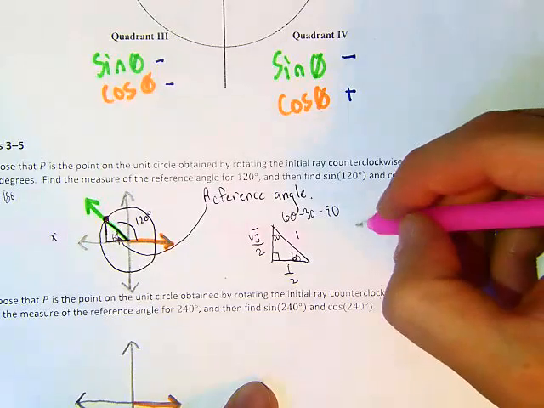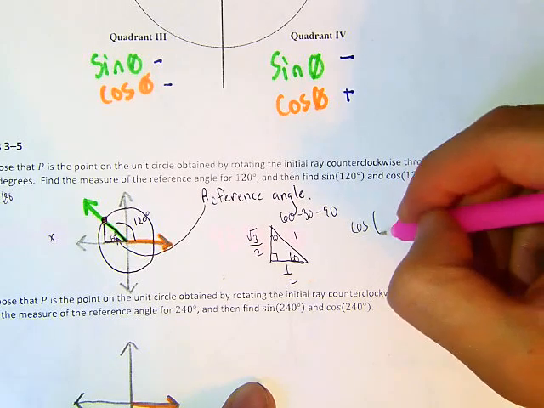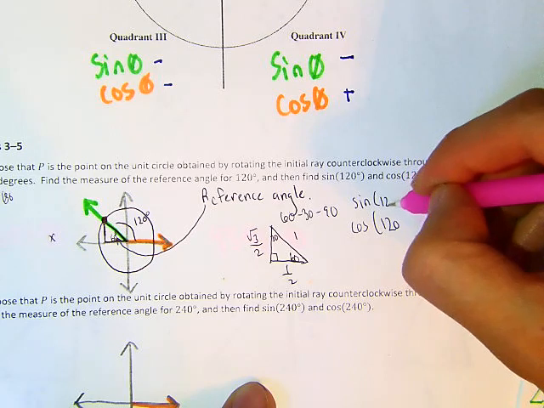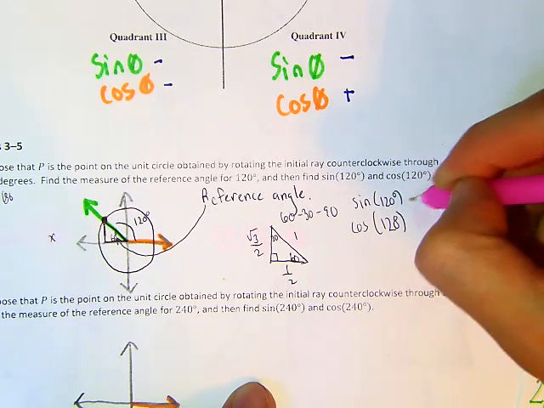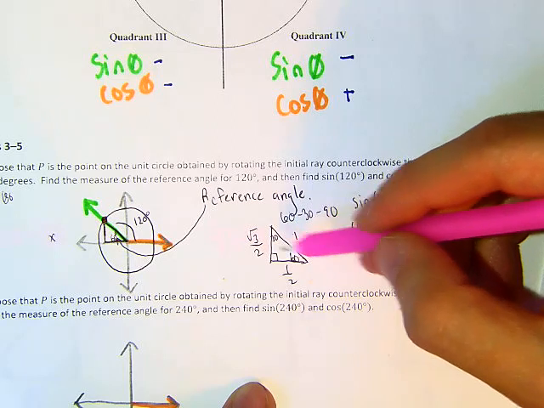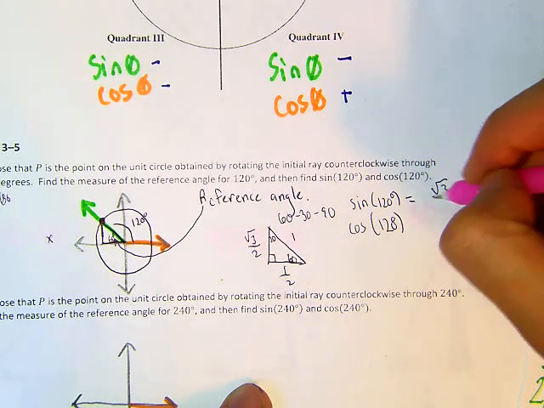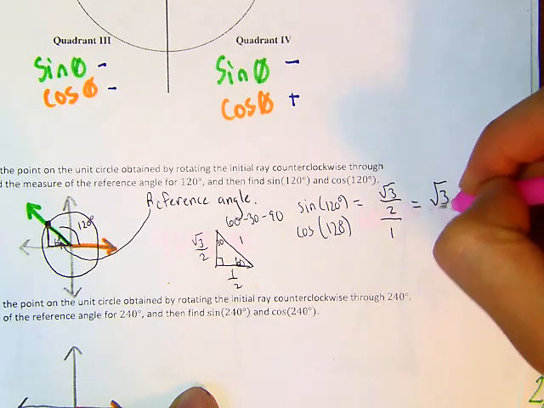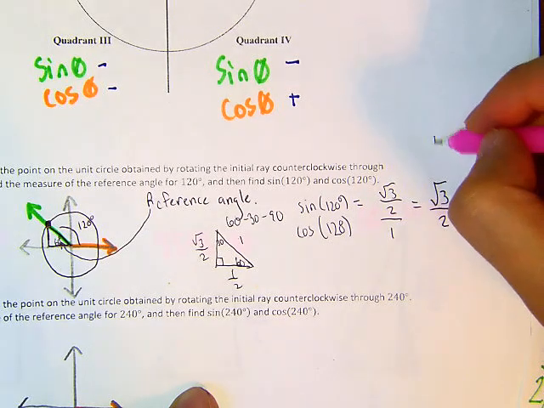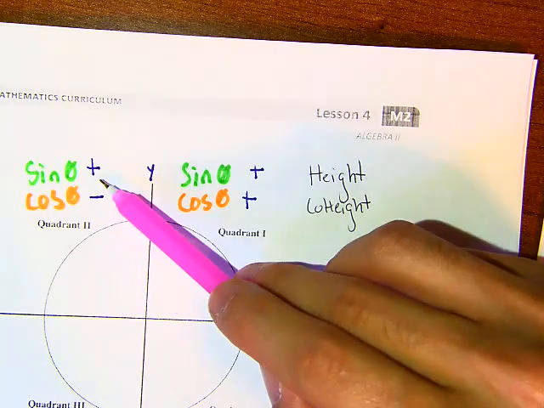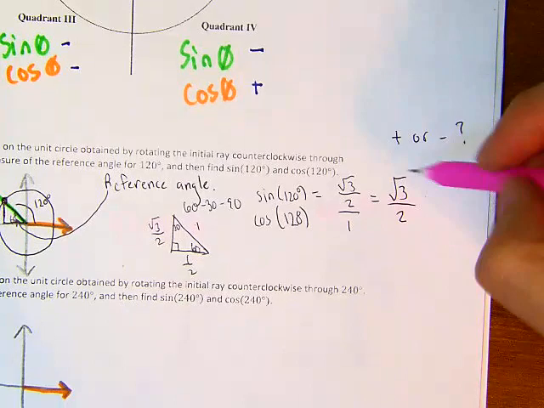So if I say sine of 120 degrees, it should be equal to opposite over hypotenuse. So our opposite is just square root of 3 over 2 divided by 1, and that's just equal to square root of 3 over 2. Now question, positive or negative? Remember, it's in this quadrant 2, so our sine is positive, so this is okay.